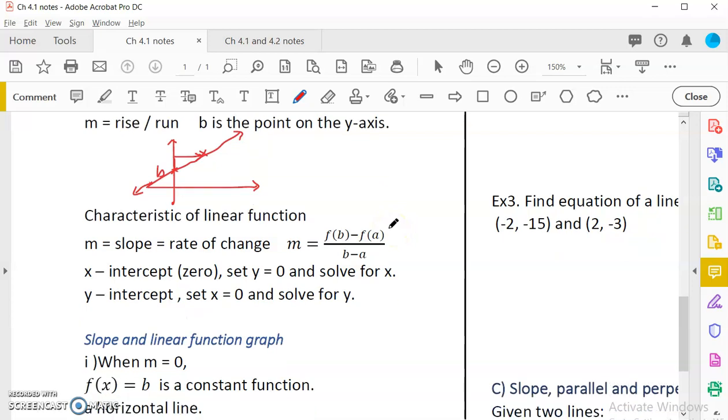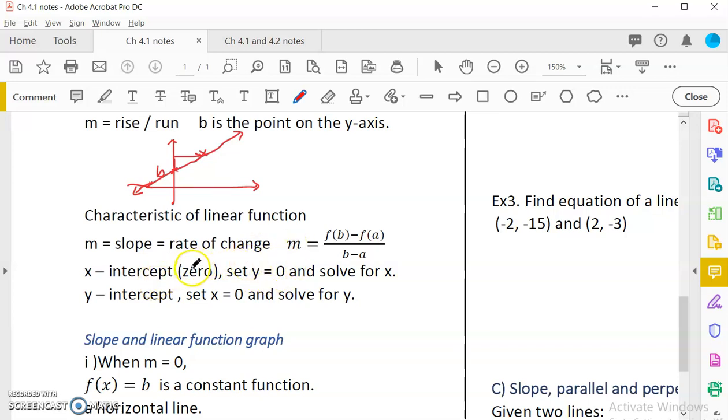Some characteristics of a linear function. If I have a linear function, what is something that I know? I know that it has a constant rate of change, f of b minus f of a over b minus a. It's primarily the AROC, but it's slope. There should be an x-intercept, which is where the graph cuts the x-axis, and you find it by setting y equal to 0.